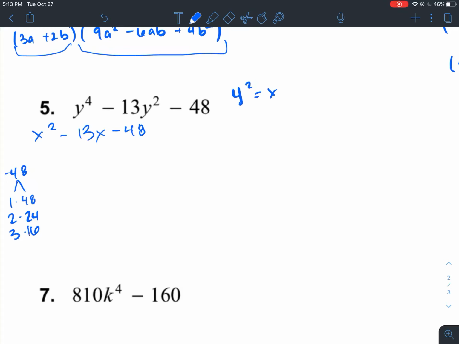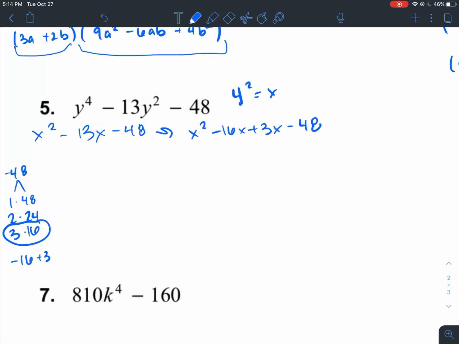Do any of these pairs of numbers add to be negative 13? The answer would be negative 16 plus 3. The two of those numbers multiplied together are negative 48, but when you add them it's negative 13. So I'm going to rewrite this as x squared minus 16x plus 3x minus 48.